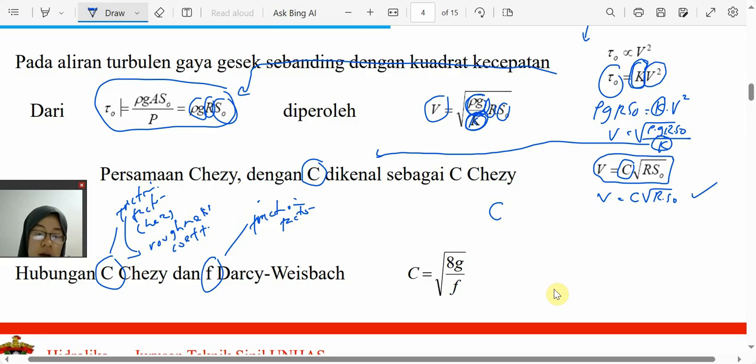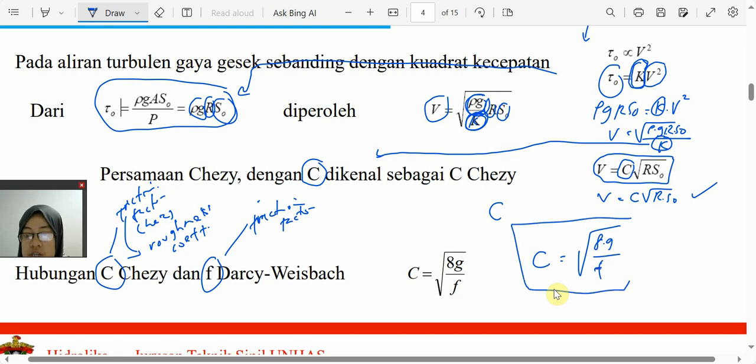We will get the connection that Chezy C is equal to the root of 8 times g over f. So this is the connection between the roughness coefficient, or friction factor, of Chezy and the friction factor of Darcy-Weisbach.